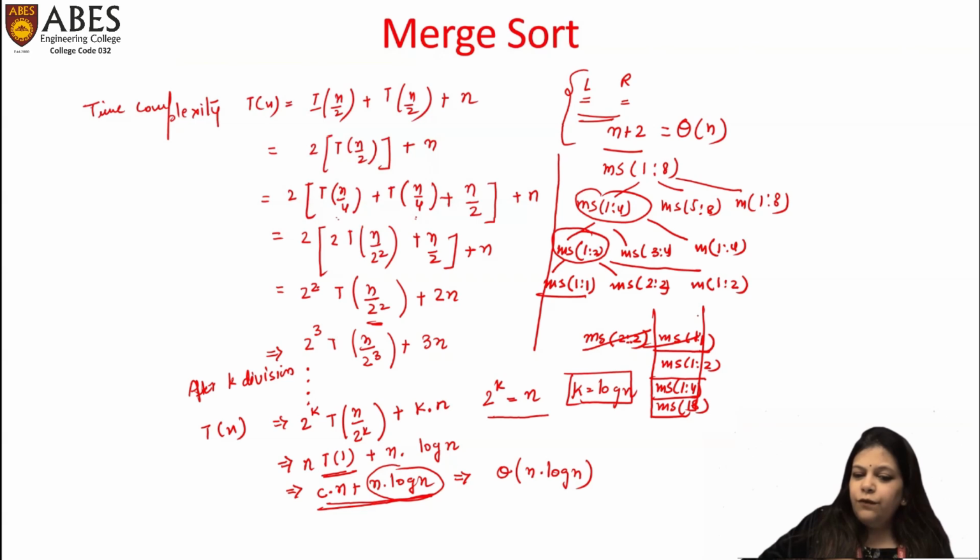And then we will execute the merge algorithm, that is merge 1 to 2, right? After completing this operation, merge sort 1 to 2 is executed. Now this will be replaced by merge sort 3 to 4.